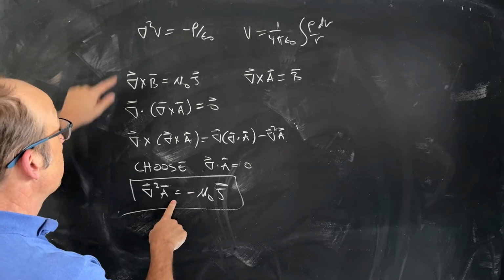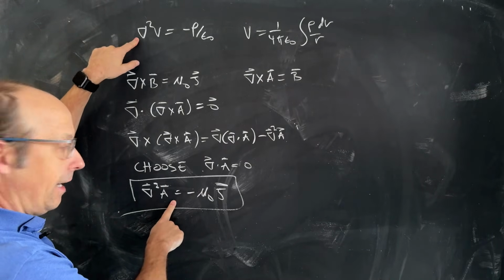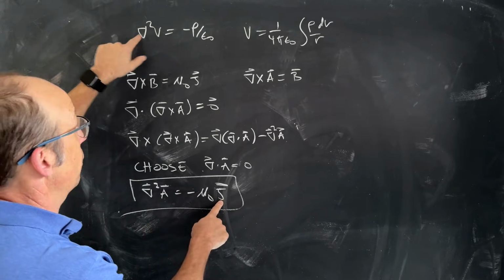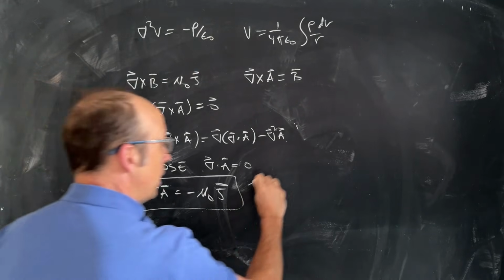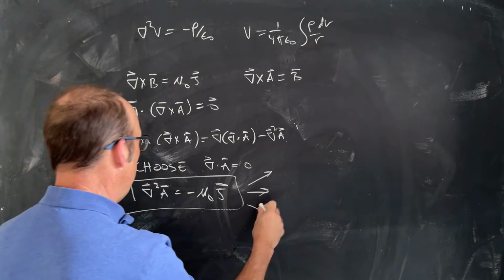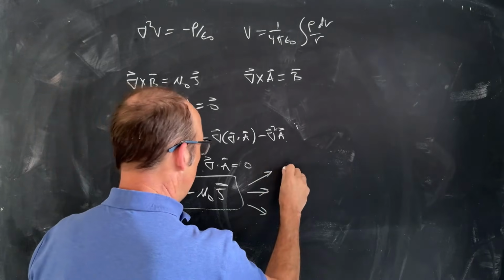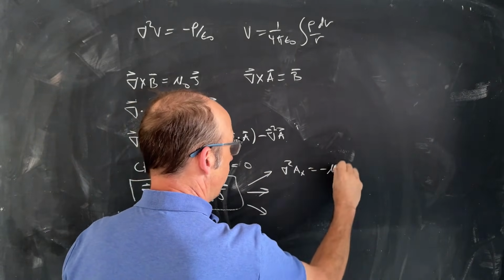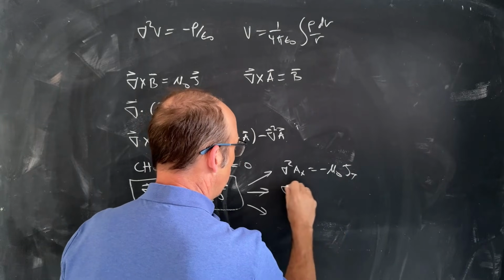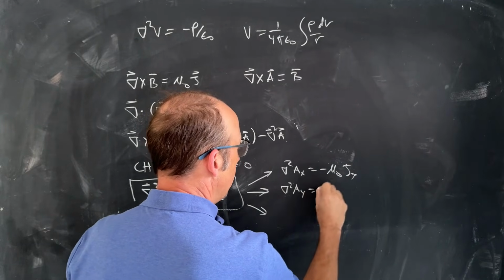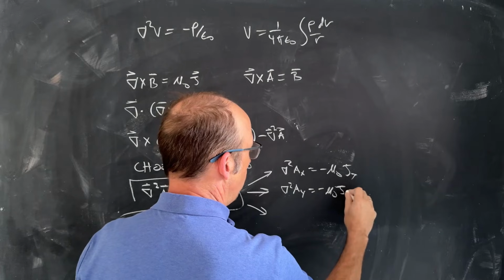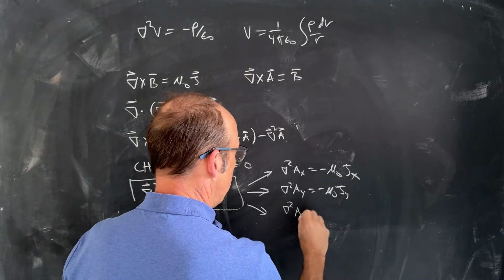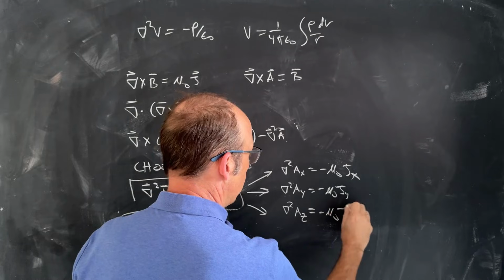But look at this. It looks like that, except this is a vector Laplacian, and that's a vector, and this is scalar. But we can break this into 3 equations in Cartesian coordinates: the Laplacian of AX is negative mu naught JX, the Laplacian of AY is negative mu naught JY, the Laplacian of AZ is equal to negative mu naught JZ.